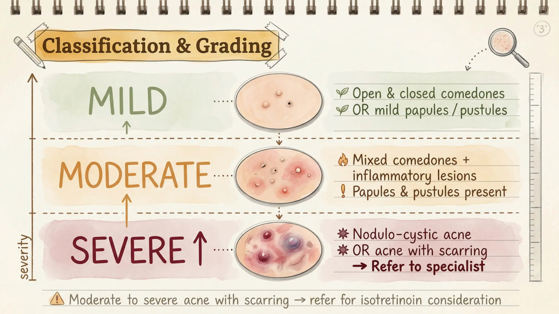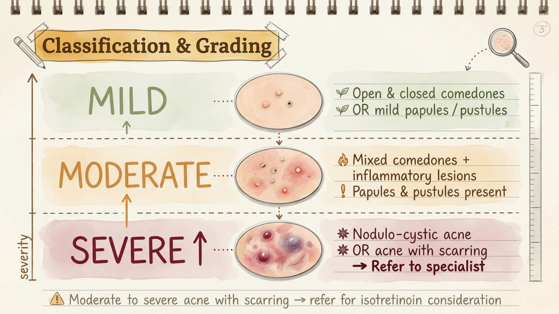Moderate acne is papulopustular. This means a mixture of comedones and inflammatory lesions, more widespread, more persistent. Mixed comedonal and inflammatory acne also falls into this moderate category. Severe is nodulocystic acne, deep painful nodules and cysts, and here is a critical point: any evidence of scarring elevates the classification to severe, regardless of lesion count.